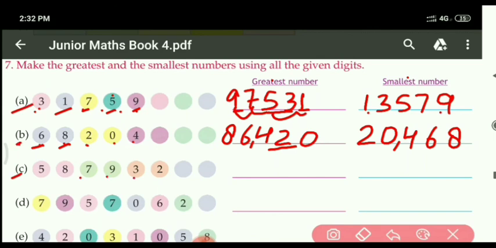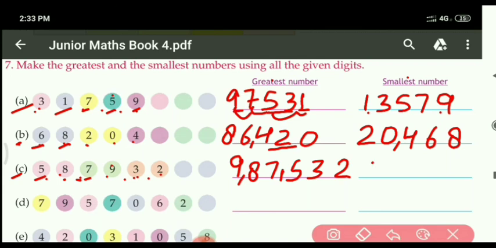Similarly, C part also. In these numbers, which one is the biggest number? 9. After 9 comes 8, after 8 comes 7, after 7 comes 5, after 5 comes 3, and after 3 comes 2. So the required number coming here is 9,87,532. Now here 0 is not given, so we can write directly the opposite of greatest, the smallest number, from the right side.